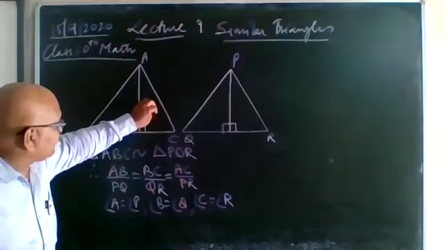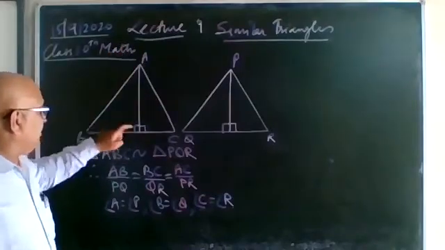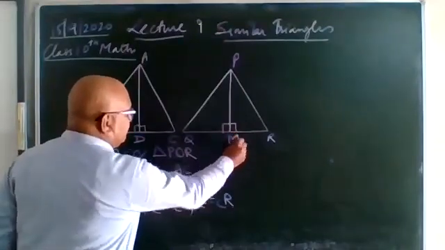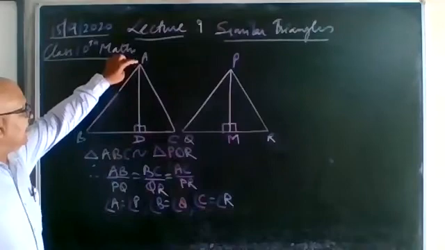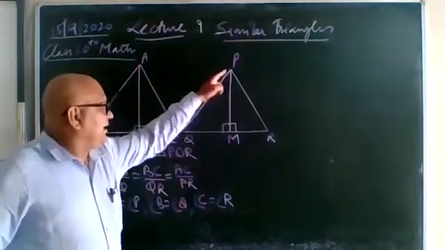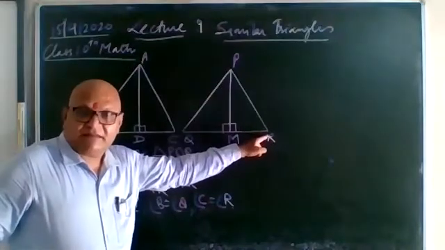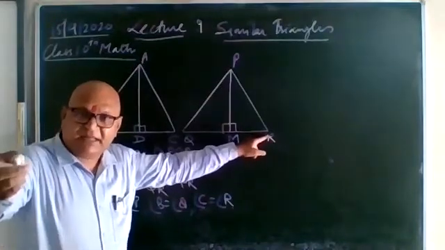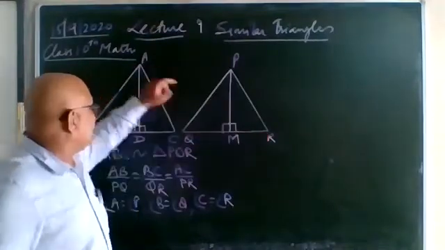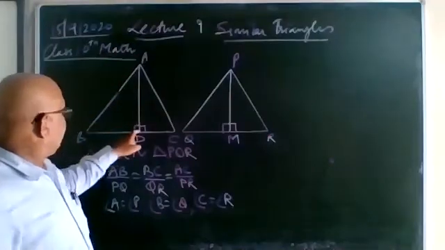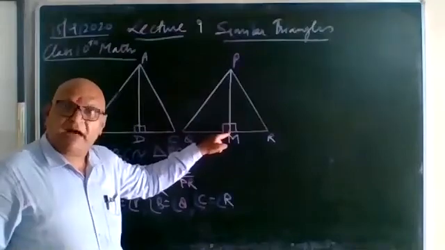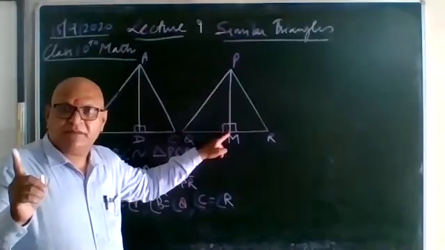So here I say D, and this is M. Triangles ABD and PQM, these half triangles are similar. If I say A, B, D, P, Q, M, half is also similar or not?